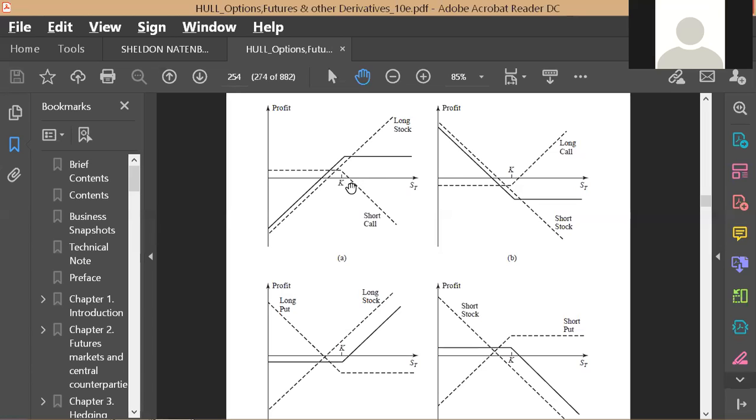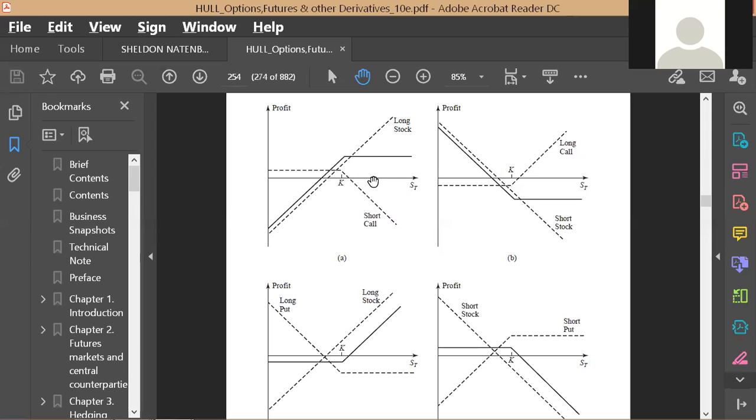So the K call, as the market price goes above K, the intrinsic value of the K call keeps on increasing. And since you're short the call, the position value that you have keeps on dropping in a proportionate manner, and the loss keeps on increasing in a proportionate manner.